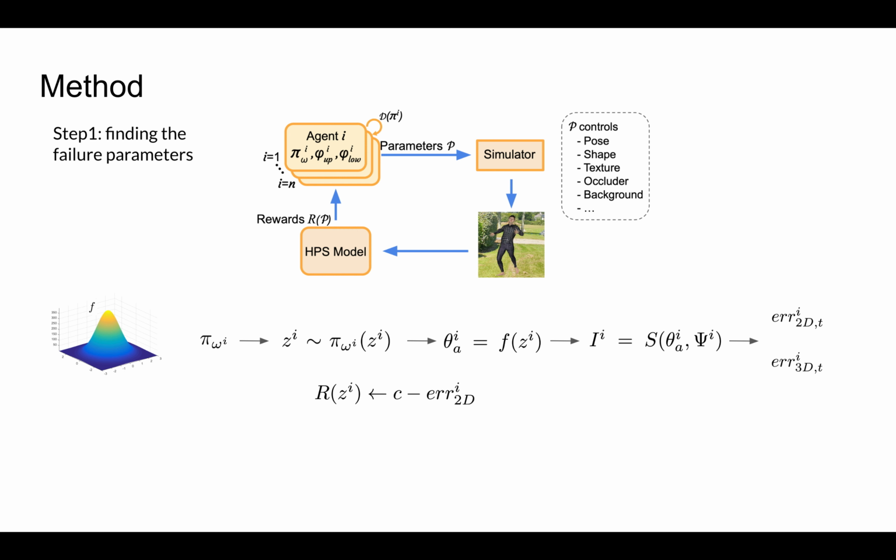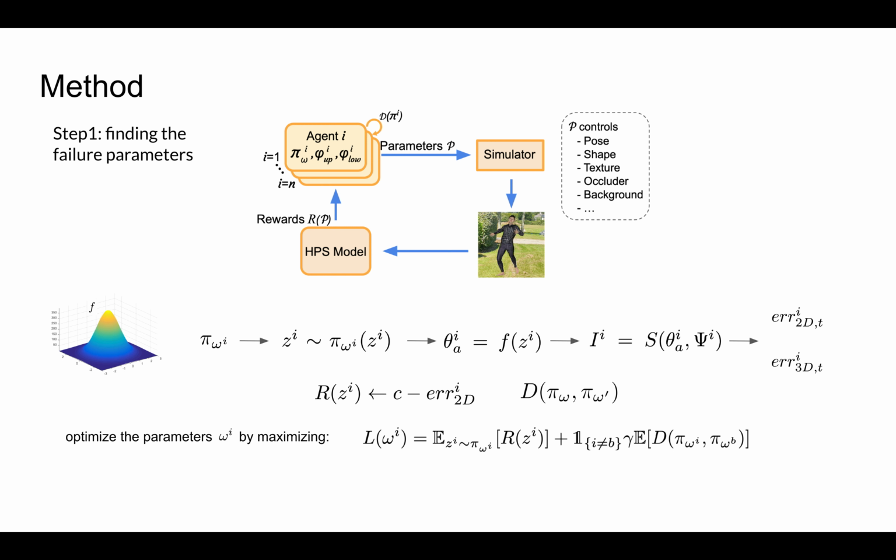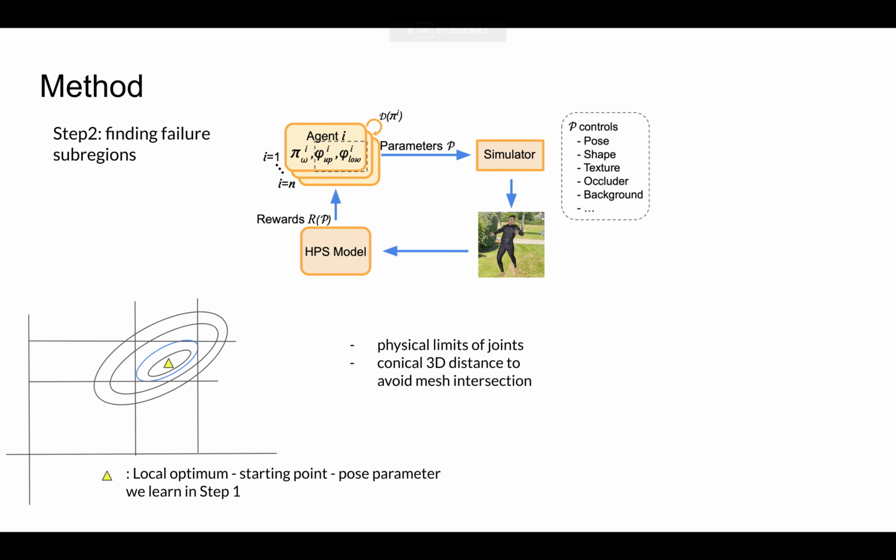After that, we define the reward function based on the error. Note that we also consider the distance between the policies of different agents to enable the search for different failure parameters. Finally, we can optimize the policy by maximizing the following loss function. The gradient of the first term is computed following the REINFORCE rule. After learning multiple failing cases, we search the space around this point for failing subspaces.